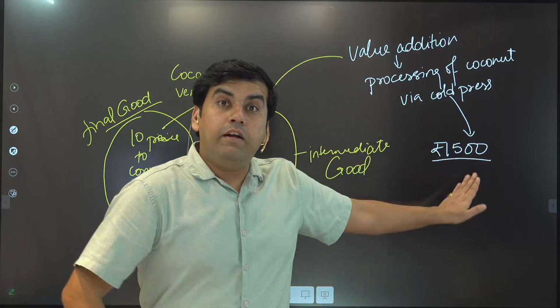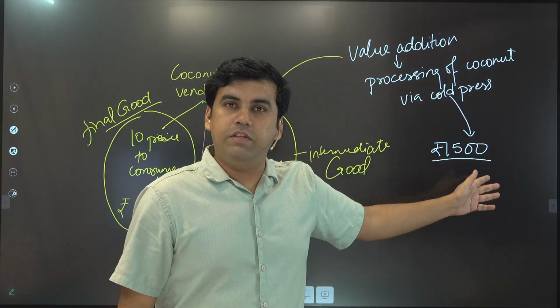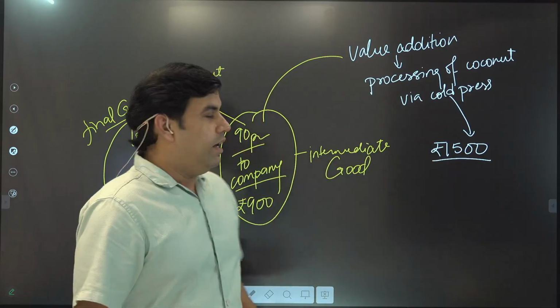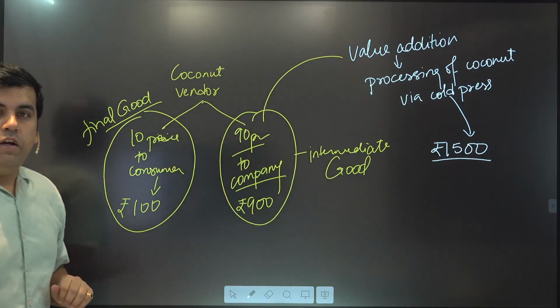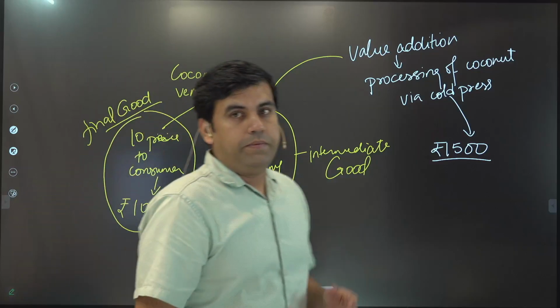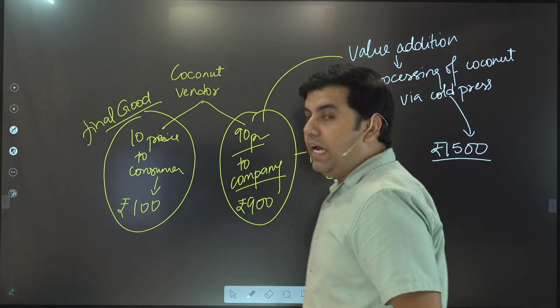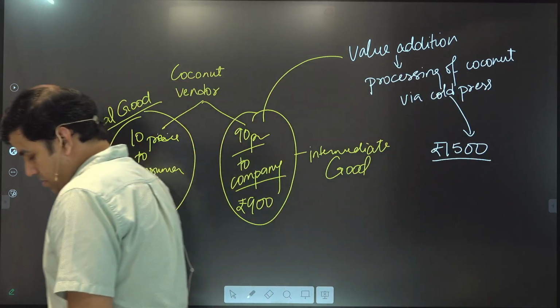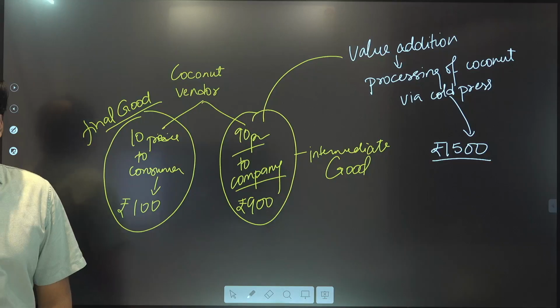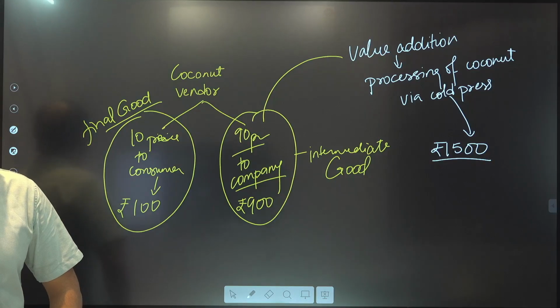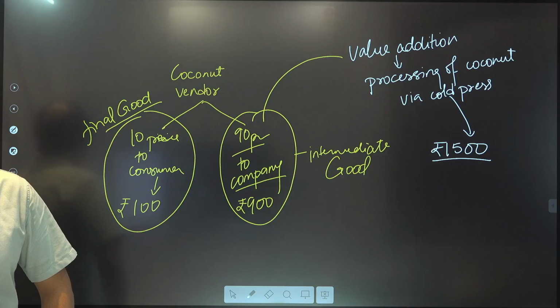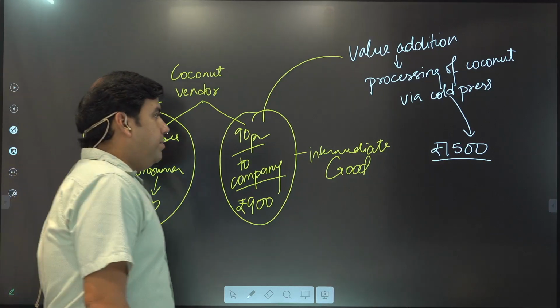Finally, this is a final product now. It is coconut oil, which is a final product. Now you tell me, according to the government, out of these three, which should be included in GDP? 100, 900 or 1500? क्या include करें? What should be included? Tell me.